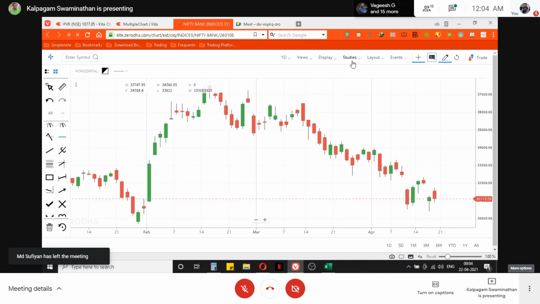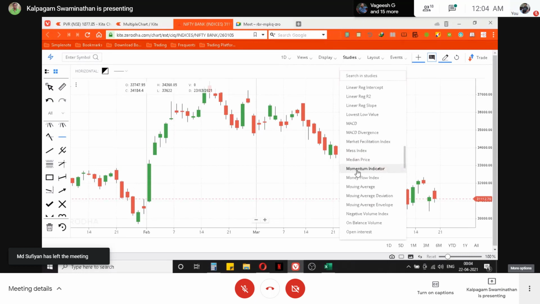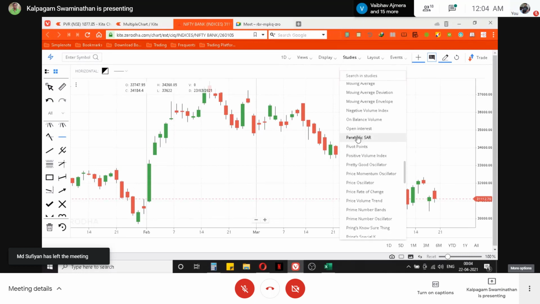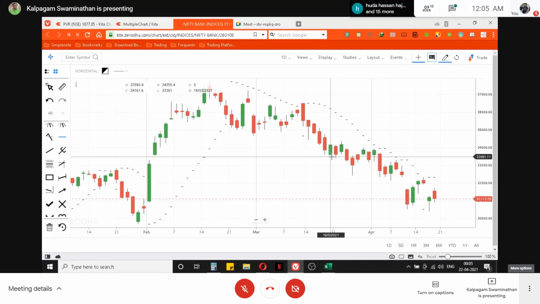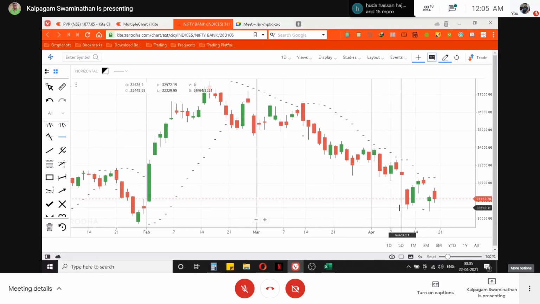Or you can use something like the parabolic SAR indicator. This will give you a decent long-term trend also. As long as you don't get scared out of this method because of some green candles forming, you are perfectly fine using this.